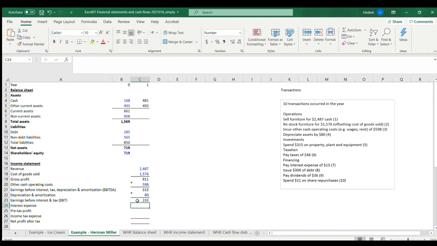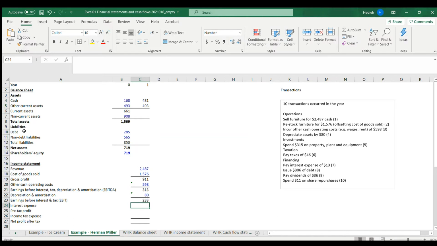EBIT is equal to EBITDA minus the amount of depreciation. It is important to know that depreciation is not a real cash flow. In other words, the company doesn't pay $80 to anyone or to any entity. This is just to consider the decrease in the value of assets of the company. Okay, now we updated the income statement.